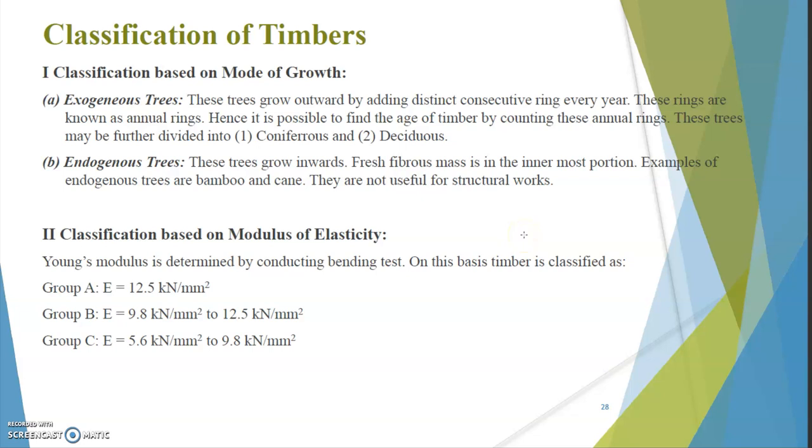Because exogenous trees have a tendency of growing more in the lateral direction compared to the vertical direction, whereas endogenous trees have a tendency of growing more in the vertical direction compared to the lateral direction. Due to that lean structural feature, endogenous trees cannot bear the load and are not suitable for structural application, so people go for exogenous trees.